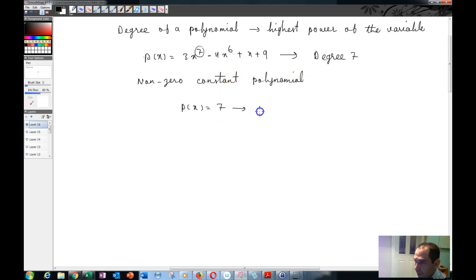The degree of this polynomial is zero, because you can write p of x as 7 into x raised to the power 0, and x raised to the power 0 is equal to 1, so you would still get 0.